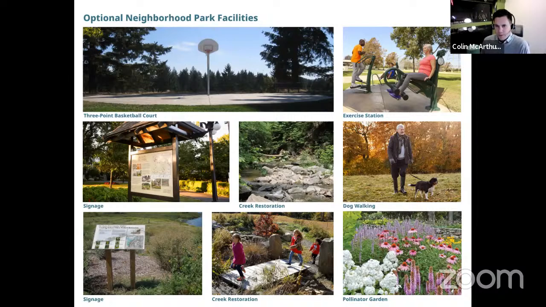signage, interpretive or educational signage talking about the features that are there. We talked about the potential for creek restoration or stream restoration along Chambers Swale, and paths that could be used for on-leash dog walking.